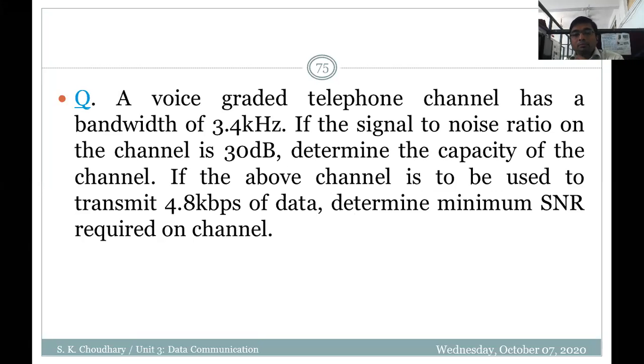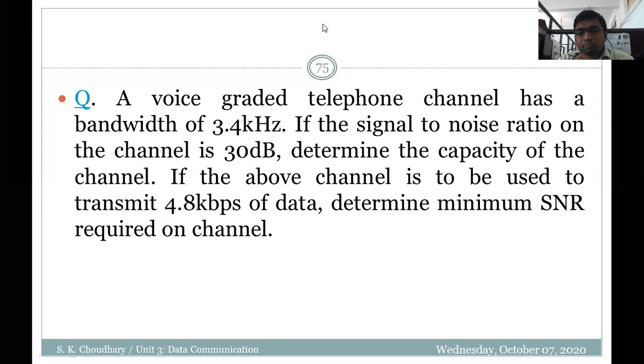Now, everyone, please note down this question, and I am also simultaneously turning on your chat box for attendance. The question says that a voice grade telephone channel has a bandwidth of 3.4 kilohertz. If the signal to noise ratio on the channel is 30 dB, determine the capacity of the channel.